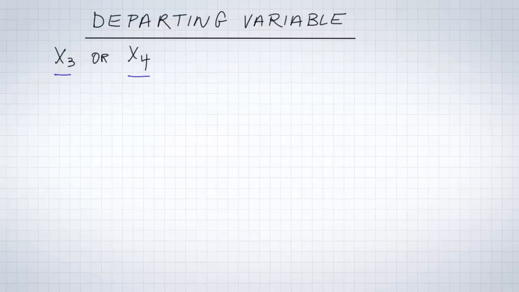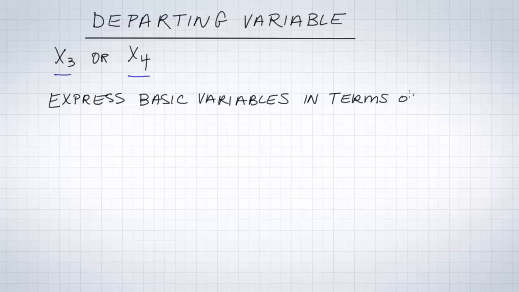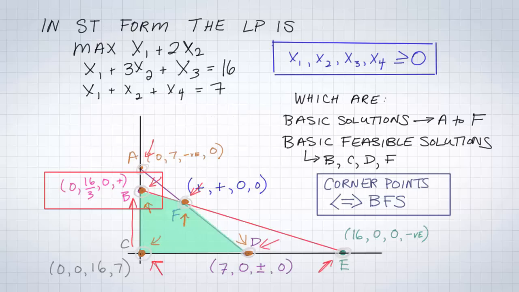Now, the calculations are going to be a little bit more complicated, not much. The first thing that we do is express basic variables in terms of non-basic variables. What this means in simple algebra is that we move all of the non-basic variables to the right-hand side of the equation.